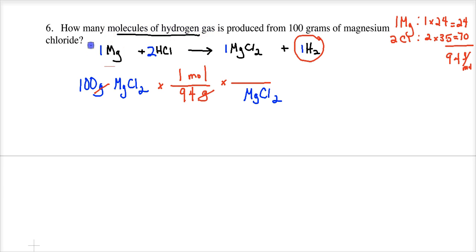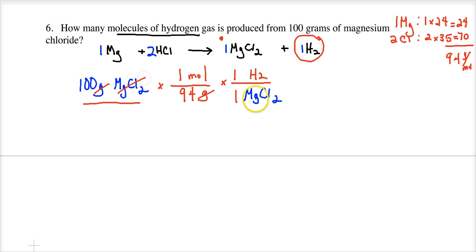So they gave me information about magnesium chloride. So this is what they started with me. And from 100 grams of magnesium chloride, I can't times that by the ratios here because it's not a how many number. So I convert to moles first, then I get rid of it. So I know that there's 1 magnesium chloride for every 1 hydrogen.